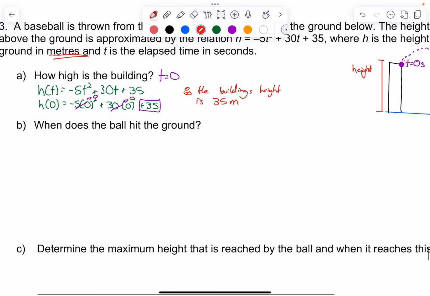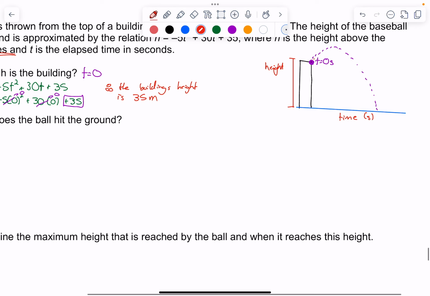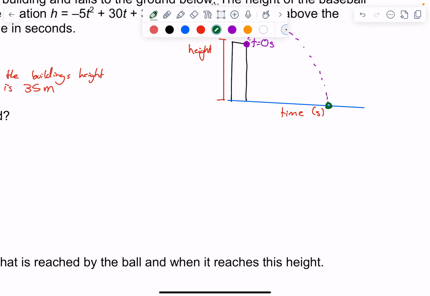When does the ball hit the ground? Well, it hits the ground right here. So it's going to have a coordinate, some time value, which is our unknown. Well, the ground has a height of 0. You're on the ground, you have no height.